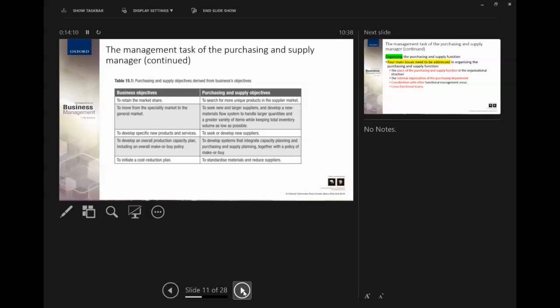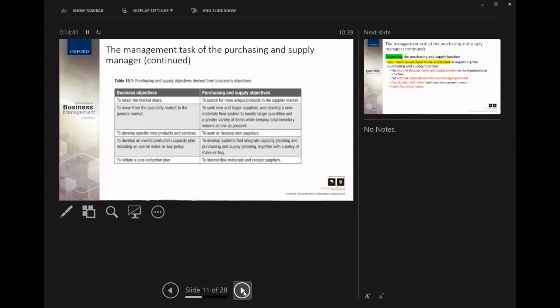If the plan is about retaining market share, then the purchasing and supply function's objective will be to search for more unique products in the supplier market. If the objective is to develop specific new products and services, then you would want to seek and develop new suppliers in order to provide those new products and services.